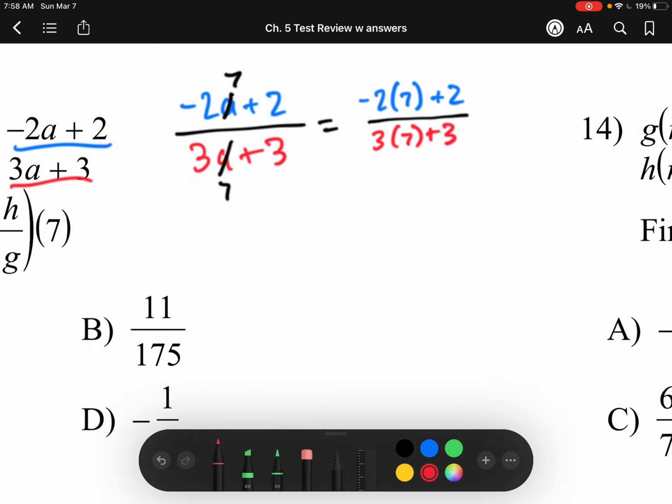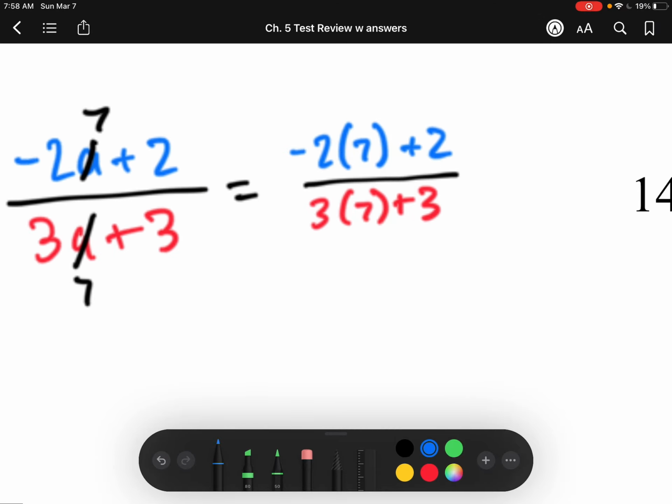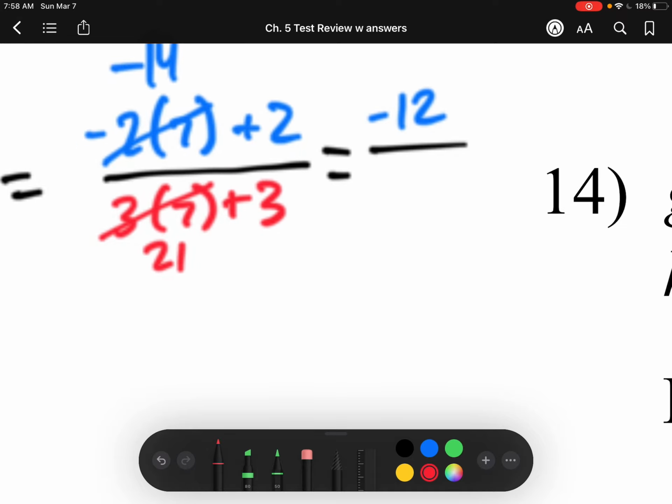Right. So negative 2 times 7 is negative 14. Negative 14 plus 2 is negative 12. Over, 3 times 7 is 21. 21 plus 3 is 24.